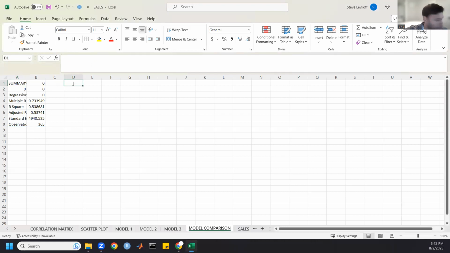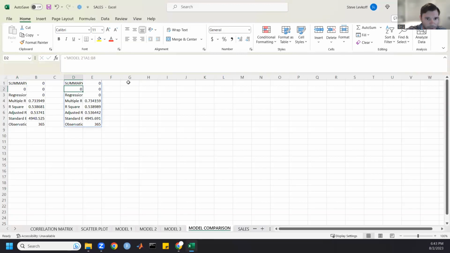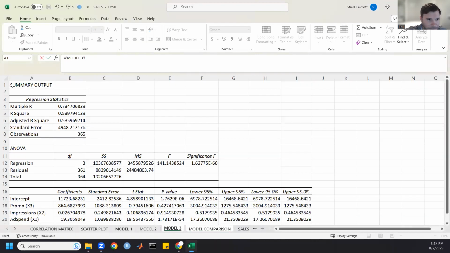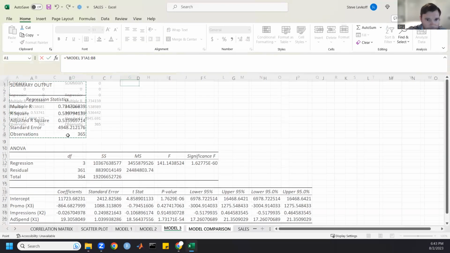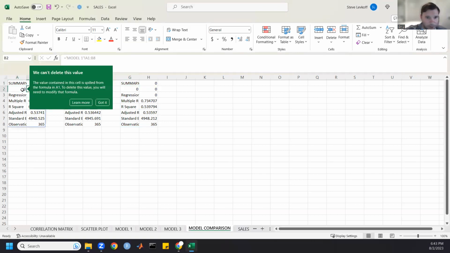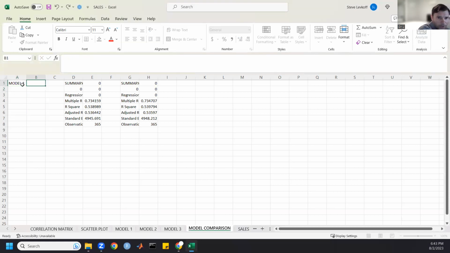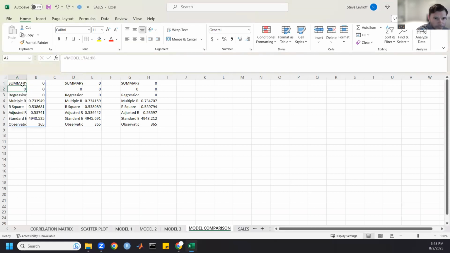And then over here, we'll put our model 2 summary, and then we'll just grab all the summary output from model 2. And then here we'll put all our model 3 summary statistics. If you want to get rid of the zeros, that is appropriate. But here's model 1. Careful here. I pasted it all into like one cell, so just an FYI.